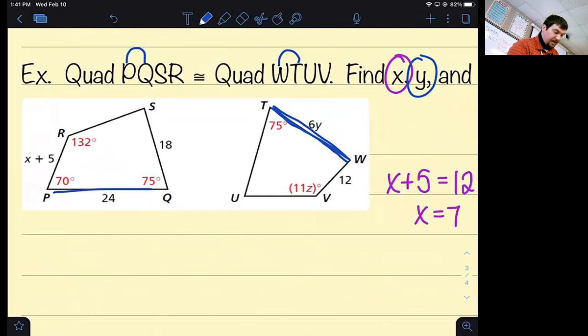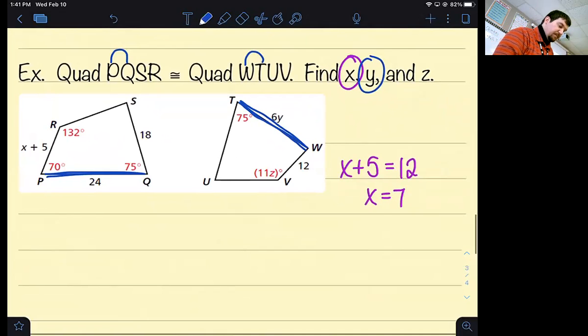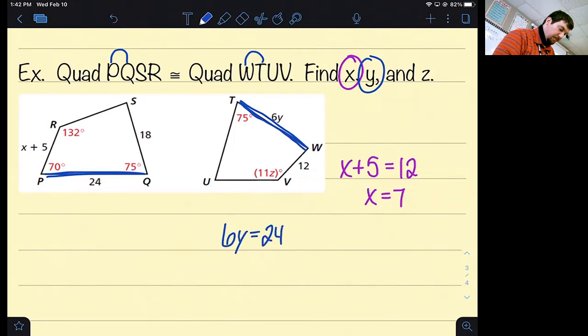It's actually the bottom side over here. Didn't look like it was going to, but I guess if it's been rotated, it doesn't quite look as long as what it was if you lay it on bottom. So because they're congruent, I know those two sides have to be equal to each other. Cooper, 6y is equal to 24. What's y equal to? 4. There we go.